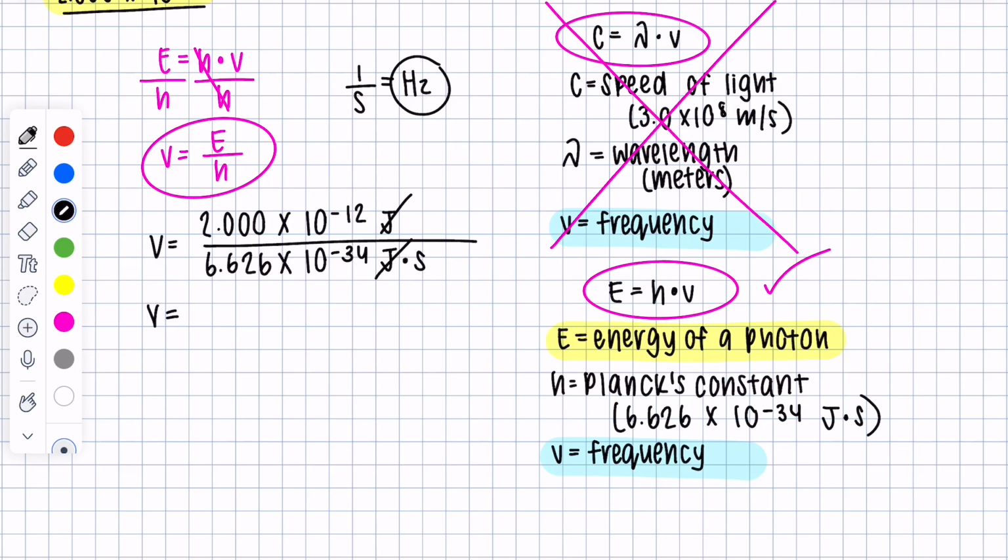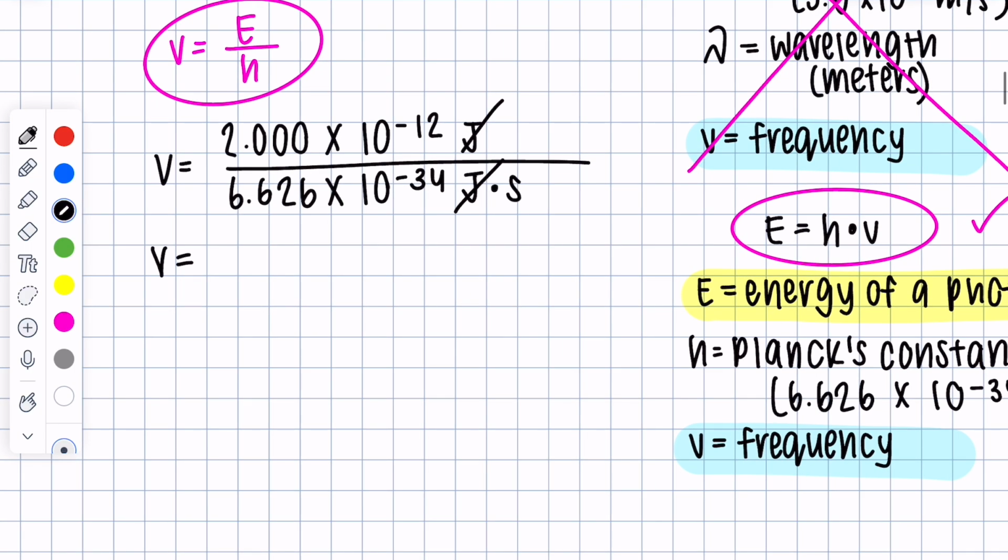So we get this giant number that goes something like 3.018412315 and so on, times 10 to the 21st power. But we do need to remember the rule of sig figs, where if we multiply or divide, the result is limited by the dividend or divisor with the least sig figs.